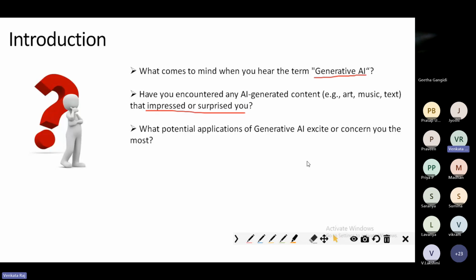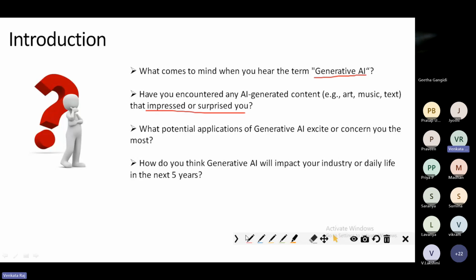Everything has pros and cons. So generative AI is going to be helpful as well as concerning for society. So we have to be using it ethically, guys. We'll see that.